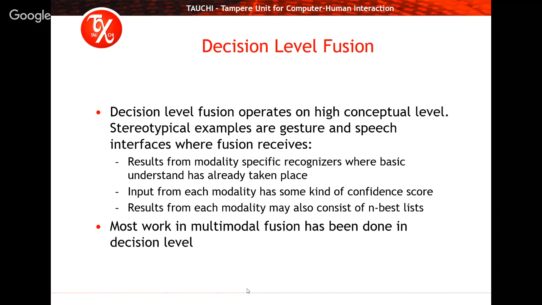And similarly for the gestures, we might have some sort of recognizer which has already processed the gestures into some sort of symbolic meanings, and whatever modalities we have. All of them may provide n-best lists and confidence scores. Most of these multimodal fusion examples you can find in the literature and practical systems work on this decision level fusion.